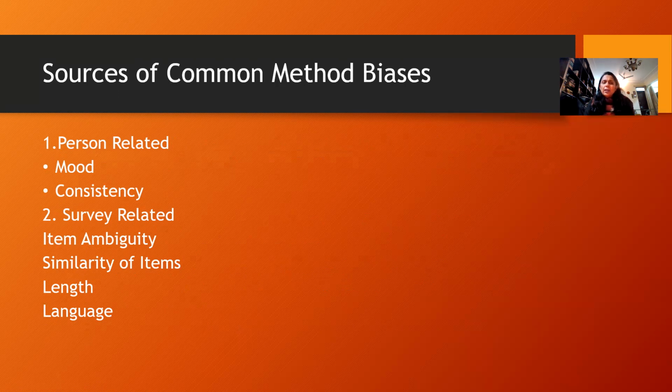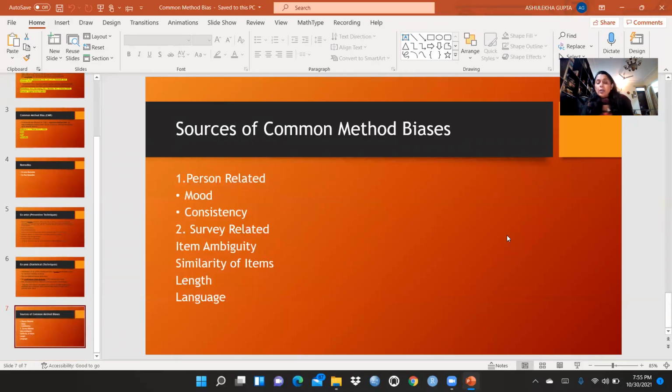So these are some sources. Mood swing is also one: right now your mood is good, and it might be that after some time somebody asks you and your mood is not good, and you are not giving the correct response. So these are some points I have discussed related to common method bias.